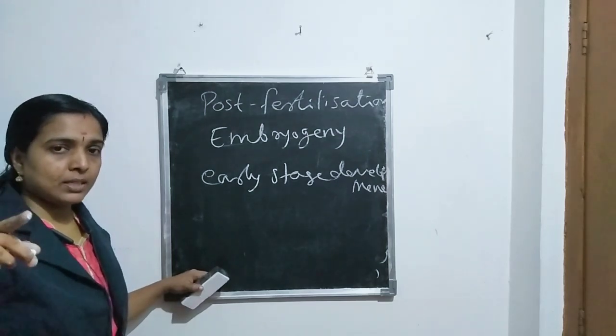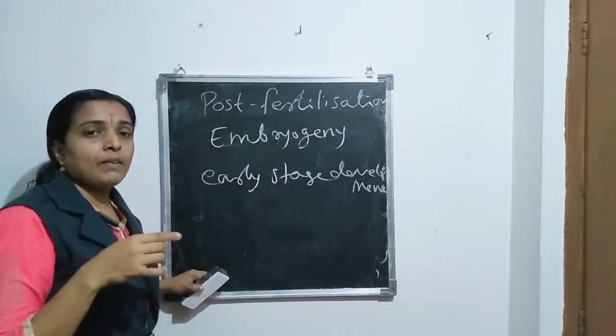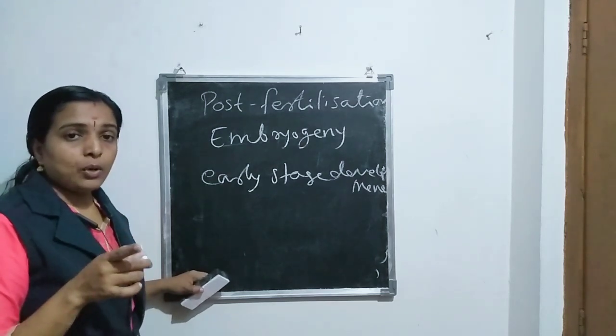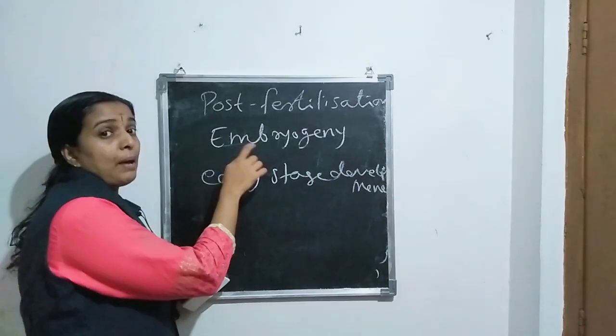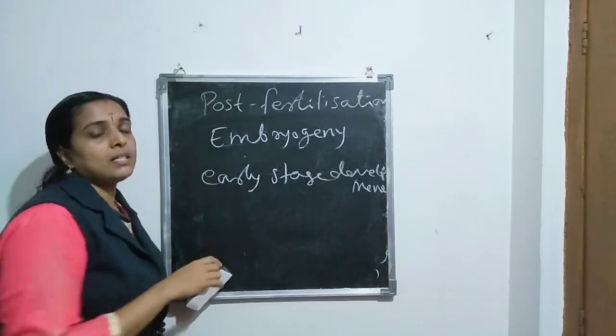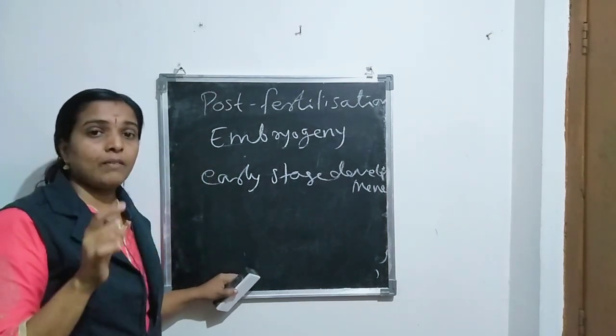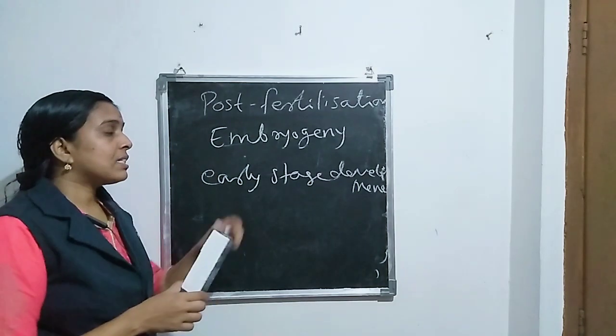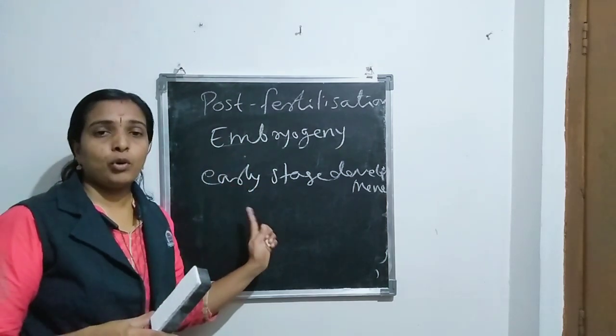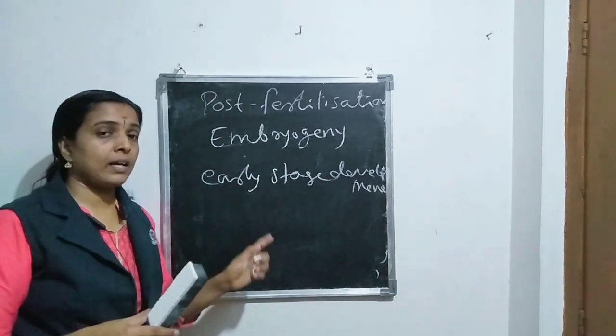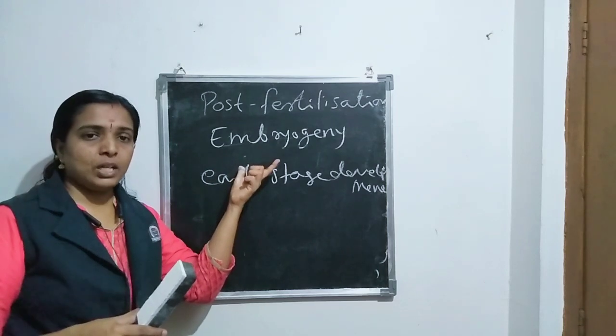Embryogenesis means development of the embryo from the zygote, but it is different. Embryogeny means early stage development of the embryo. This is common, the same in both monocot and dicot. All the plants have the same embryogeny.